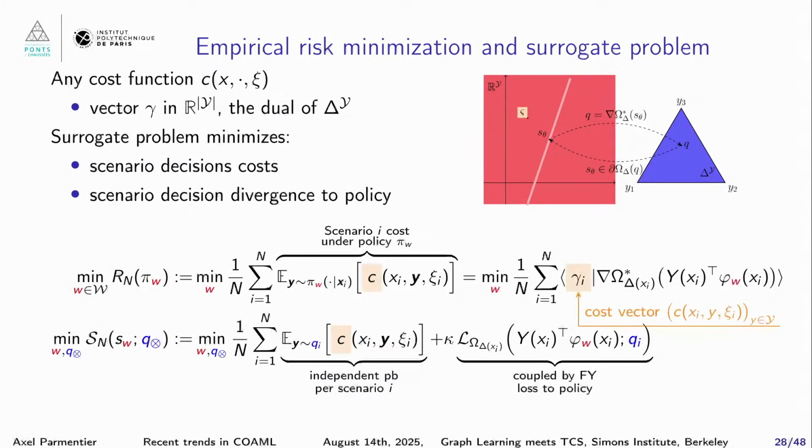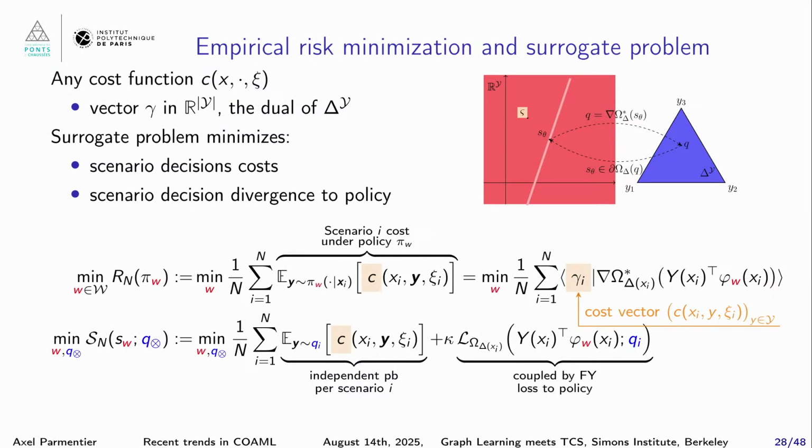And the second tool I am going to use is to say, instead of just minimizing on the parameter of my neural network, I will do a relaxation. The relaxation I do is that I am now free to choose the distribution for every qi. It's no more the one predicted by my neural network.